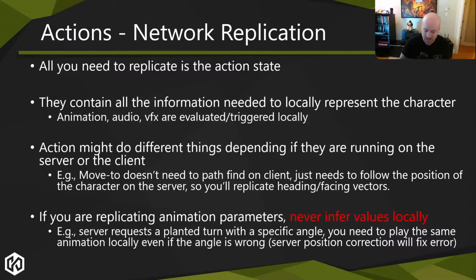That said, there are times where you have to replicate the animation intents, not necessarily the parameters, but the intents for certain discrete animations. For example, a turn. Let's say we have an AI running down a path, and all of a sudden, halfway down the path, he's told that he has to turn around and run backwards in the opposite direction. At that point, we have to play a turn animation.